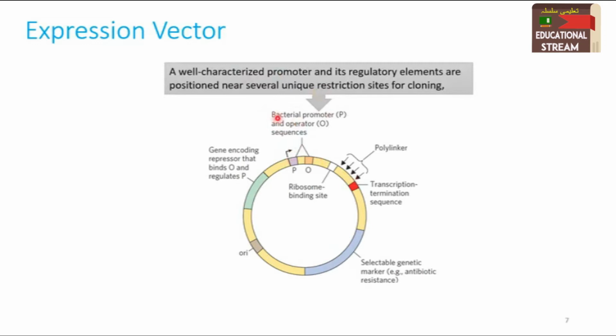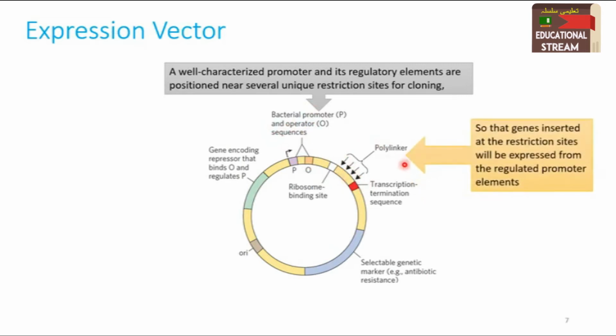Here is a well characterized promoter and its regulatory elements. As you can see, the operator sequences are positioned near the unique restriction site which will be used for cloning. This is known as the MCS. As we have seen in cloning vectors, the gene is inserted at the restriction sites and it will be expressed from the regulated promoter elements.